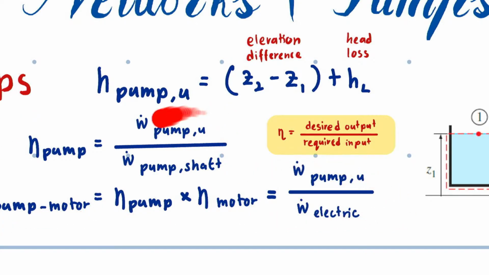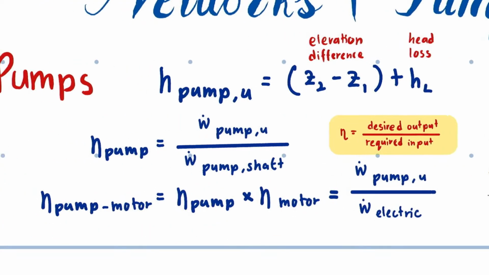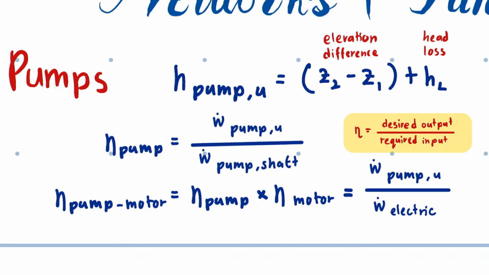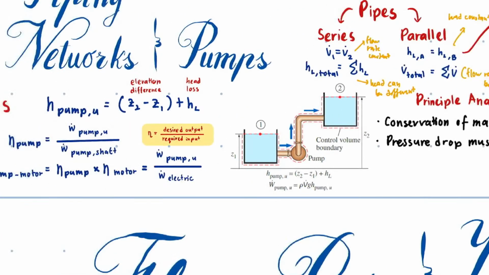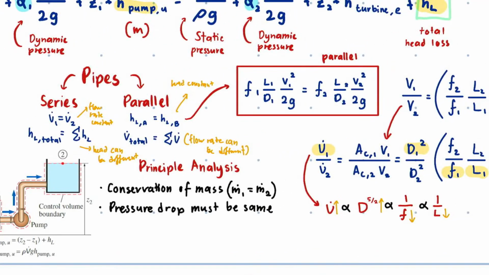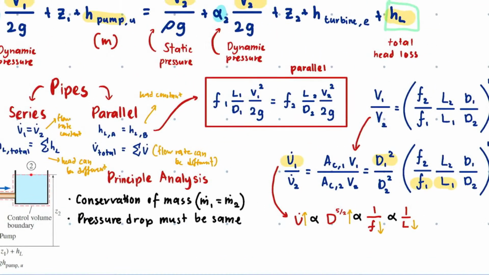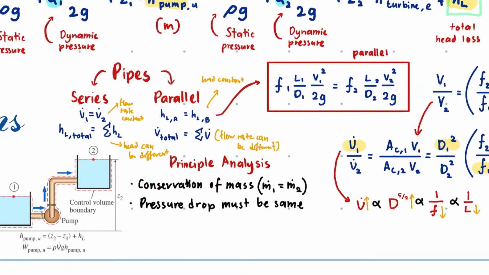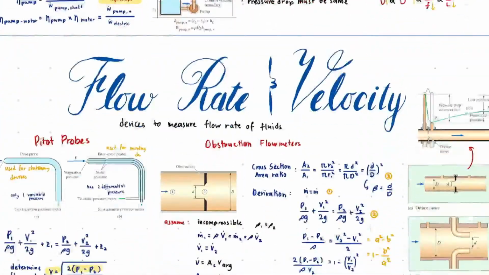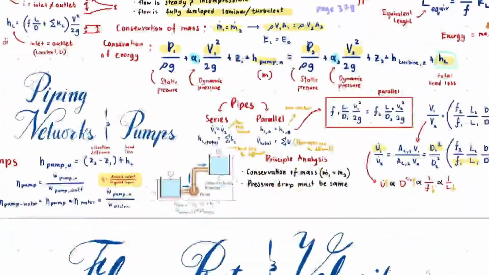This is important for the pump, because usually they ask you what is the efficiency of the pump, what is the power of the motor and the power of the shaft. Okay, so principal analysis, nothing there. So that is minor loss.